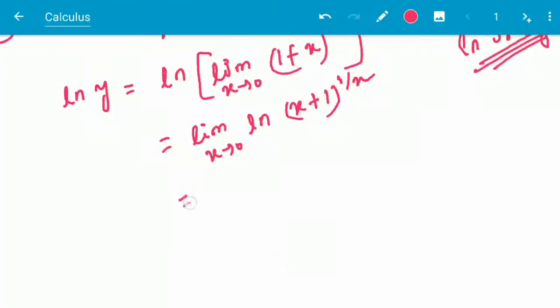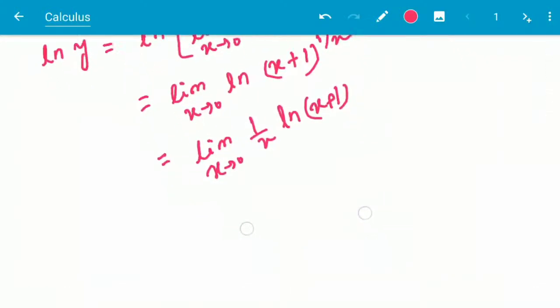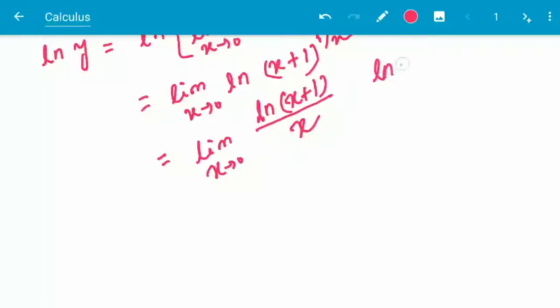So here what is happening, limit x tends to 0 of (1 by x) ln (x plus 1), and if we write it like this, ln (x plus 1) by x. So if we put 0 here, this will be ln 1 by 0. ln 1 value is 0 and the denominator is always 0. This is a 0 by 0 form.